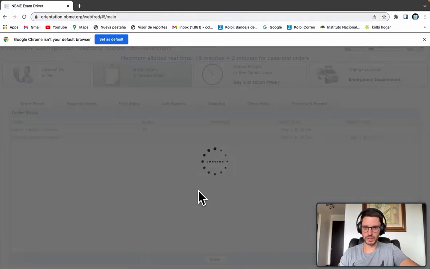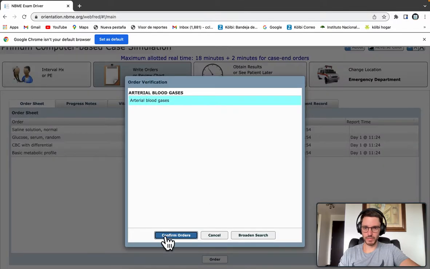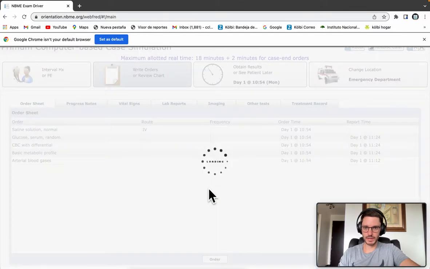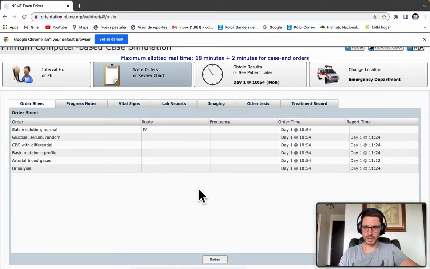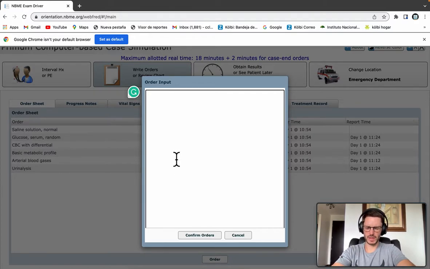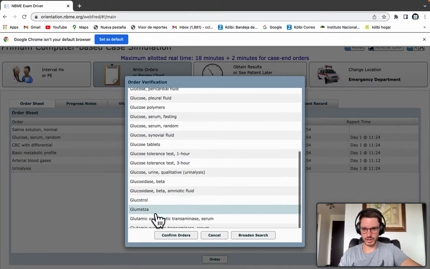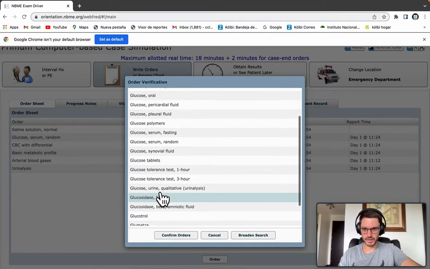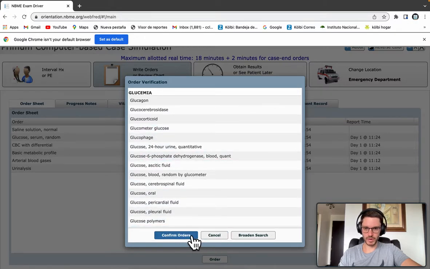CBC with differential, BMP, arterial blood gases, and she had abdominal pain, but let's start off with this, and doesn't need an ultrasound, for example, right now, and also want a glycemia micro method. That's where the language barrier is difficult, because I usually send this in Spanish. So yeah, confirm orders.